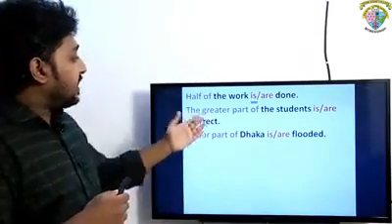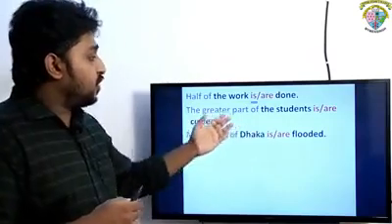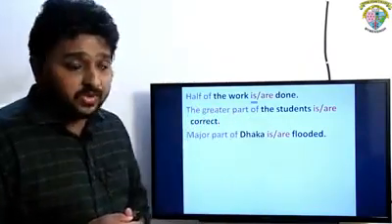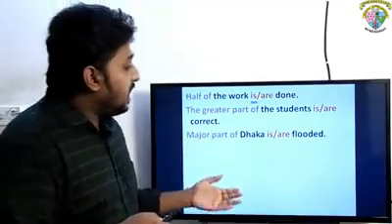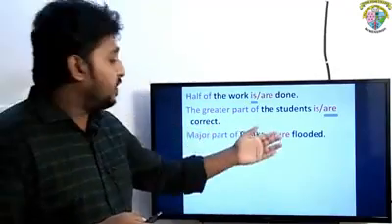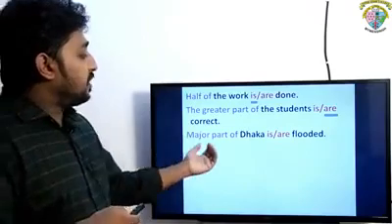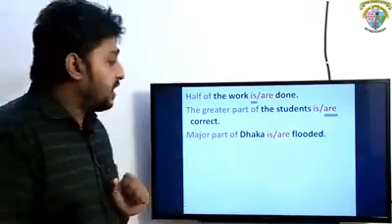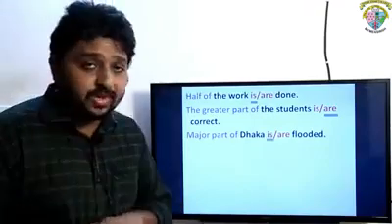So next one, the greater part of the students. The greater part of is placed before a plural subject, and the answer should be are. In the last one, major part of Dhaka. We all know that Dhaka means a singular subject, and that's why the answer should be is.